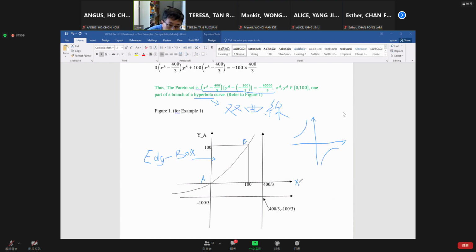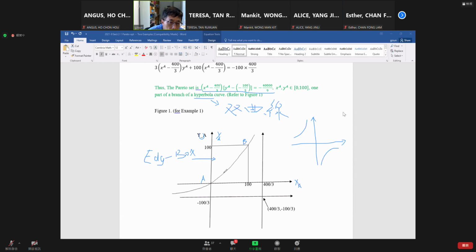That is, let's focus on XA and YA. This is YA. And as mentioned earlier, we can give everything to Bob. Alice gets nothing. Or we give everything to Alice, Bob receives nothing. So therefore, this point and this point are both good solutions.